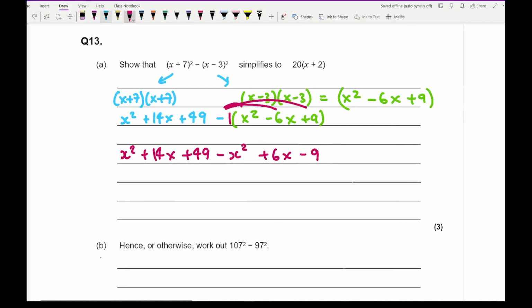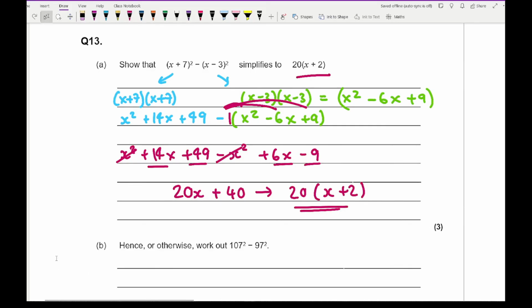Then from this, what we can then do is cancel the x squareds. So then I'm left with 14x plus 6x, which is 20x, and 49 take away 9 is positive 40. Then from this, we can then factorise with respect to 20, and we end up with what we wanted to show.